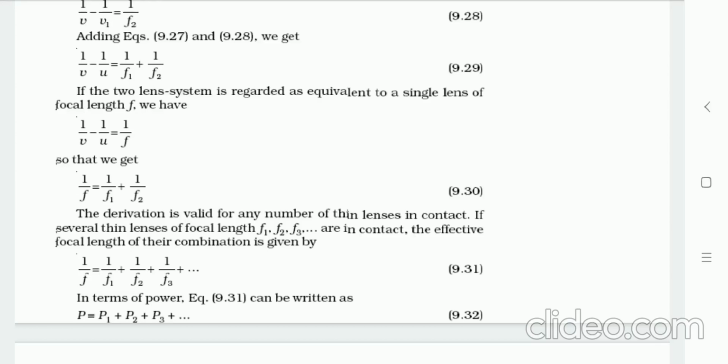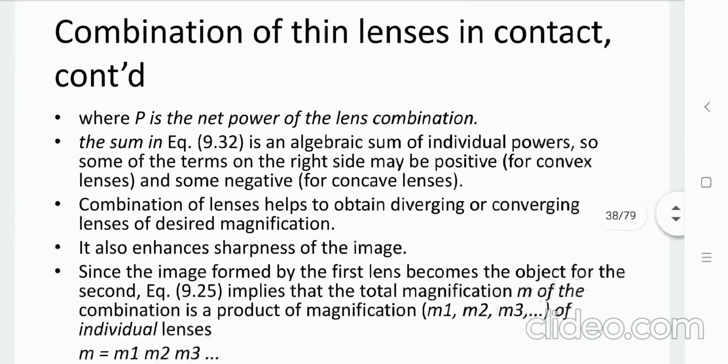If we want a larger magnified image, then we can combine a number of lenses. The first lens gets the object and its generated image is a virtual object for the next lens, and the total magnification is the product of the magnifications of the individual lenses.